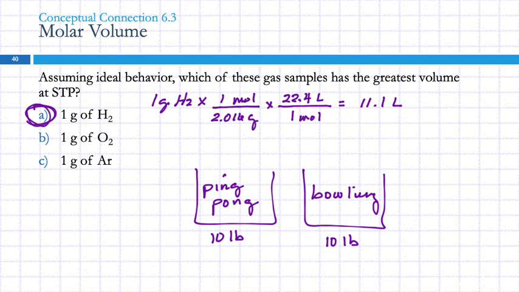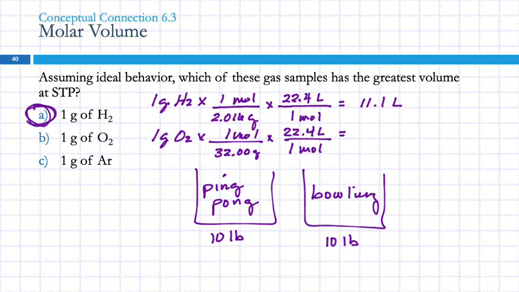Let's just do the oxygen. 1 gram of O2. 1 mole of O2 weighs 32 grams, and 1 mole will take up 22.4 liters. The same mass will have a different volume. If the volumes are the same, the number of moles of gas are the same, but not the mass.